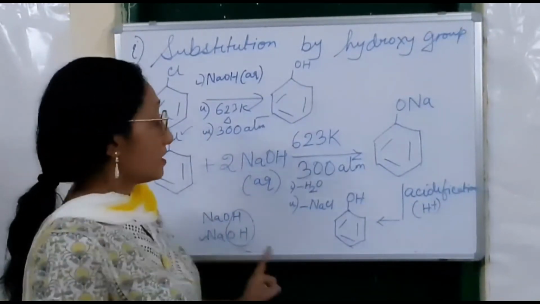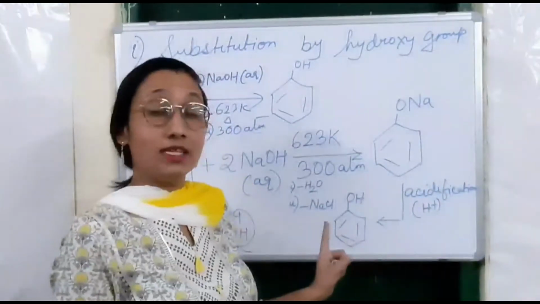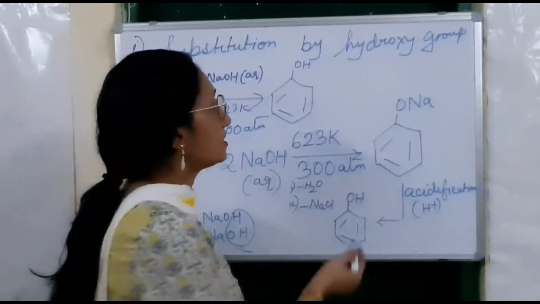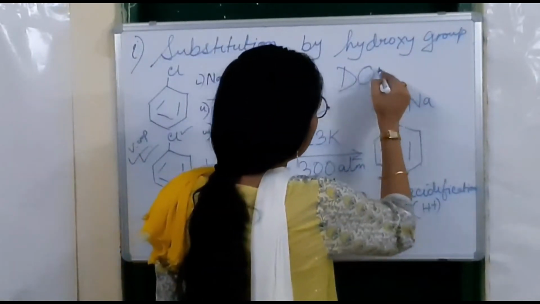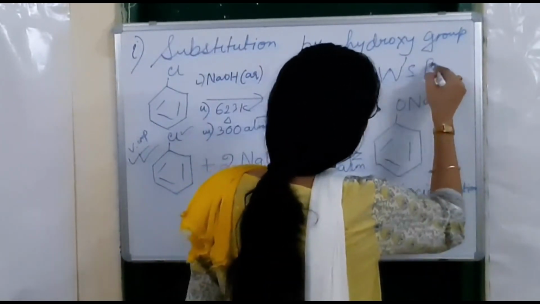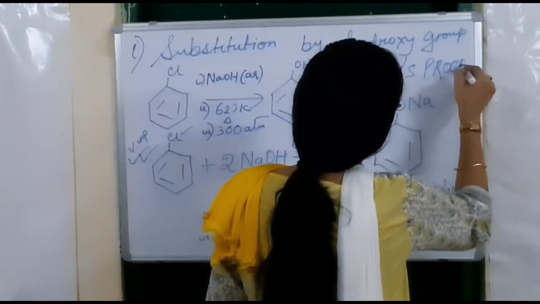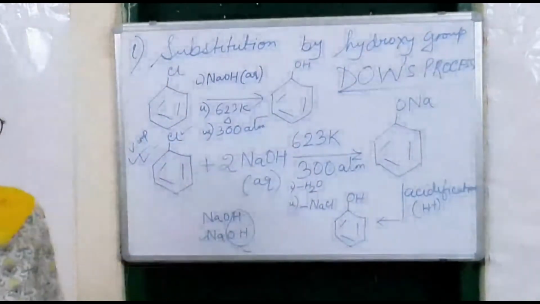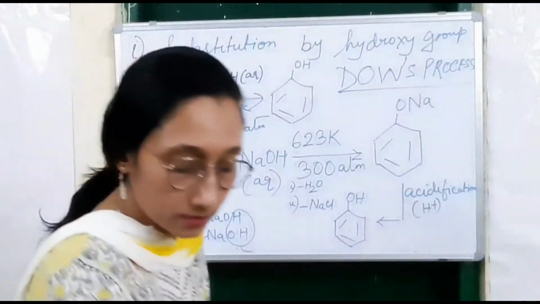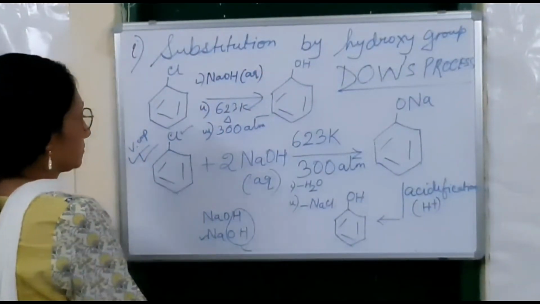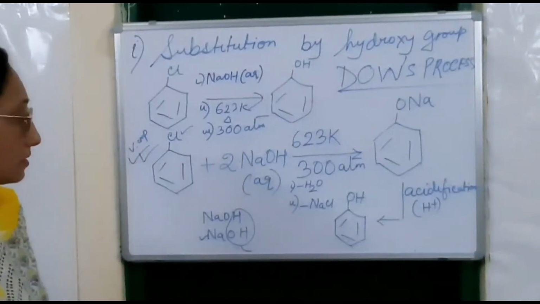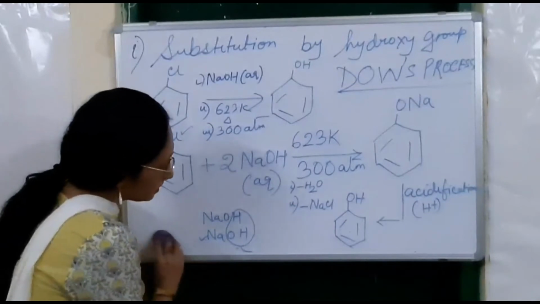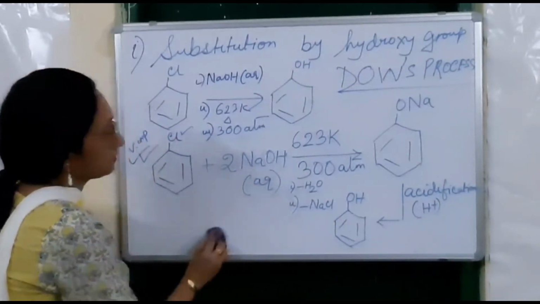This is the industrial preparation of phenol, and this process is referred to as Dow's process or Dow's method of manufacture of phenol. You will write this just for understanding. You don't have to write it in the equation.